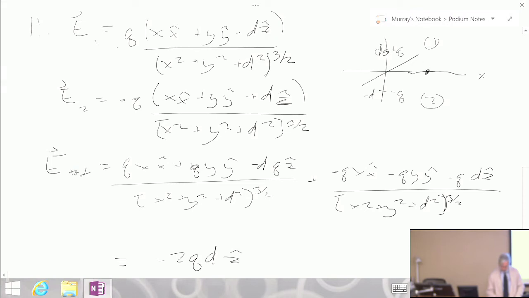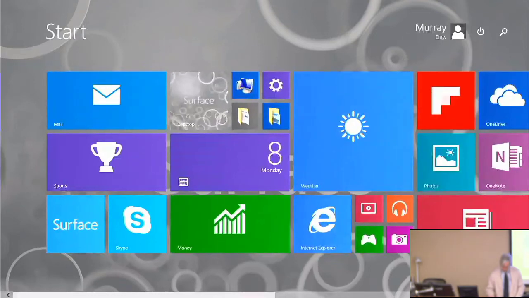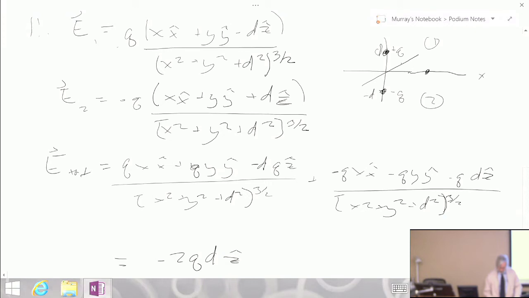We want to know what is the electric field here. The electric field generated by the positive charge will point away, and the electric field generated by the negative charge will point towards.